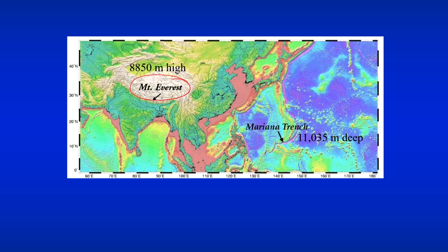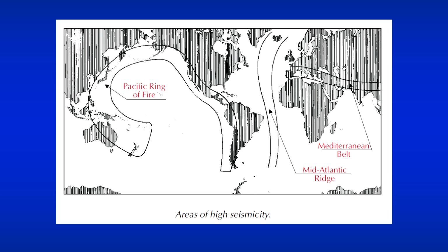Okay. And both of them are the result of plate tectonics. So the development of topography has been influenced by plate motion and how the plates have been moving with respect to one another, based on their configuration in terms of the plate boundaries.